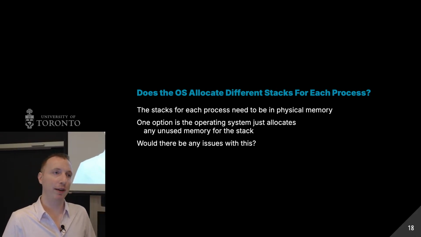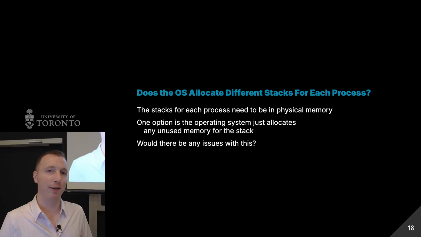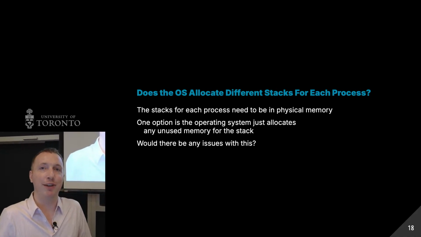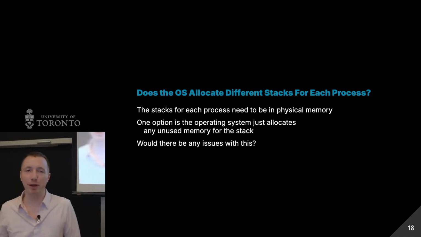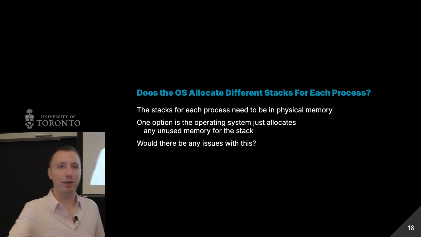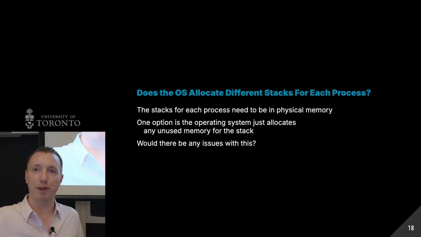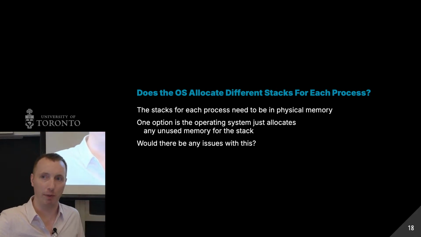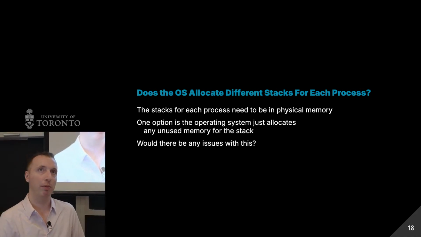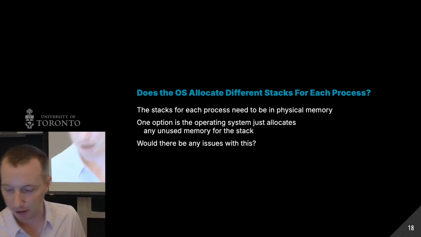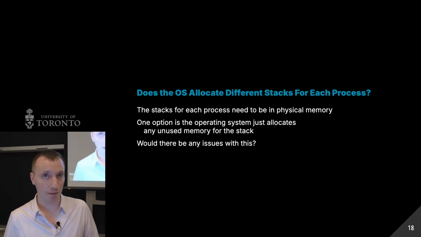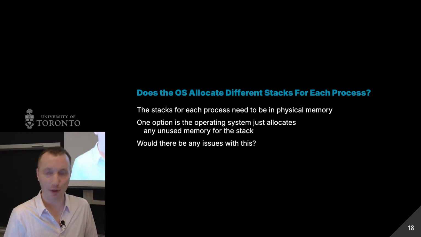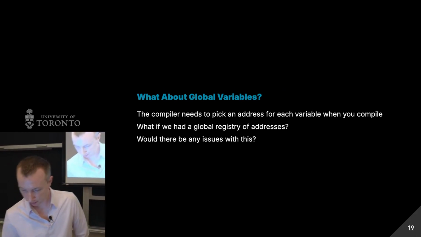But there would be some issues with that, because if it just gave out physical addresses, you could just ignore it and say, okay, you gave me this address for my stack, I'll just use this address, and maybe it's Chrome's stack, and then I can start messing around with Chrome. And then there would be a whole bunch of security implications. That is one of the issues that would present itself if we just used physical memory.